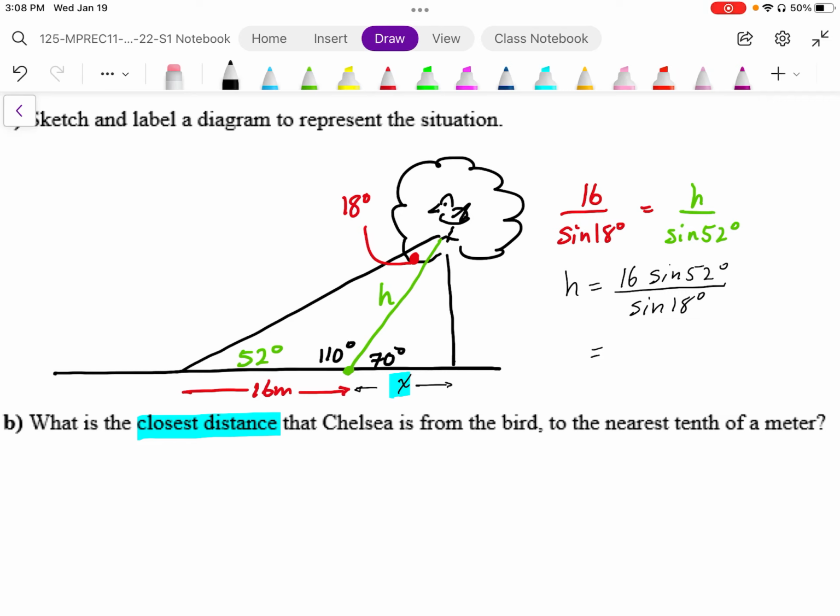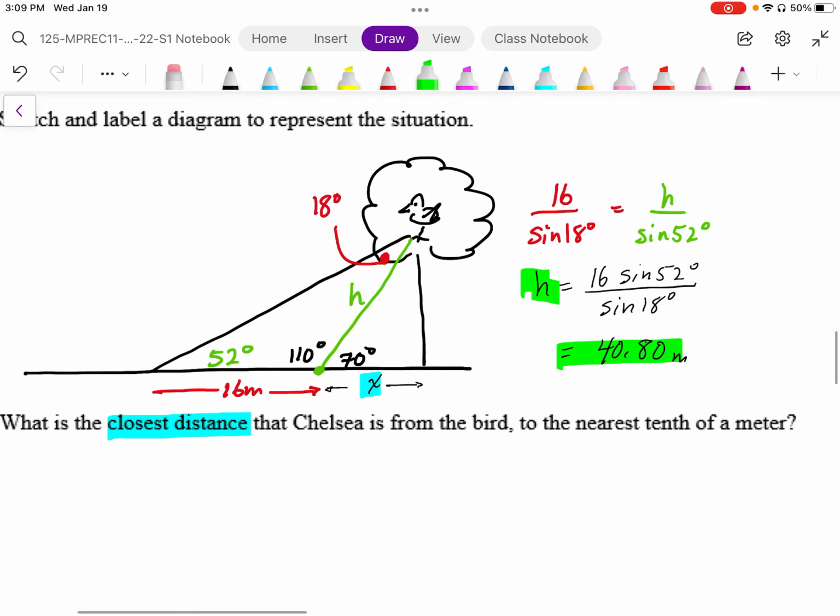Working this out on my calculator, I'm going to end up with 16 sine of 52 degrees divided by sine of 18 degrees. That's going to give me 40.80. Okay, so that means that the h length is going to be 40.80.